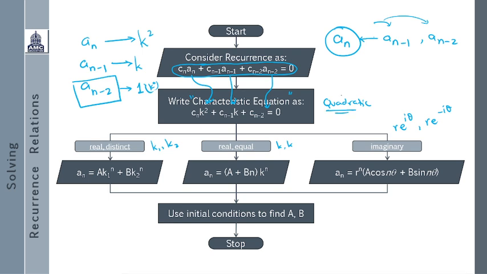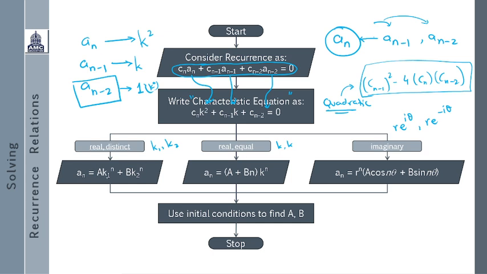By the way, you can check the roots by looking at the square root of b squared minus 4ac, right? Or maybe not even the square root. You can find out the discriminant of this particular equation, which is c_{n-1} whole squared minus 4 times c_n multiplied by c_{n-2}, right? So looking at this value, you can find out which is the case that we are going to consider.